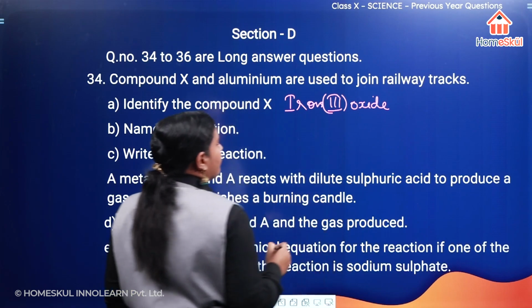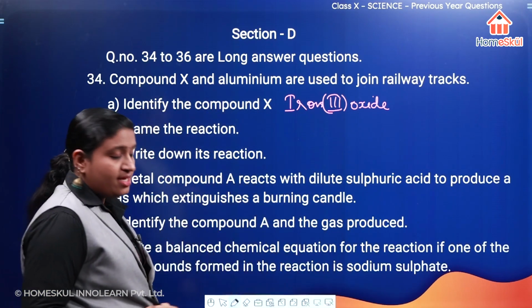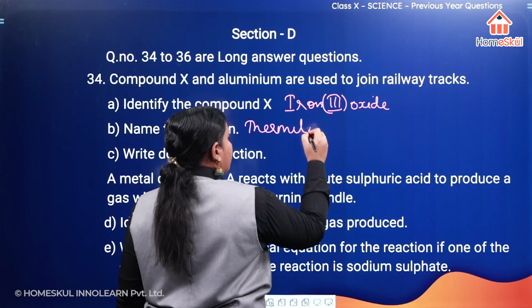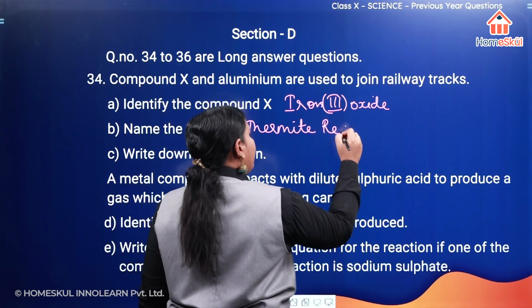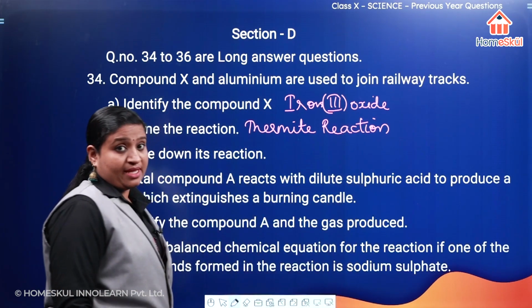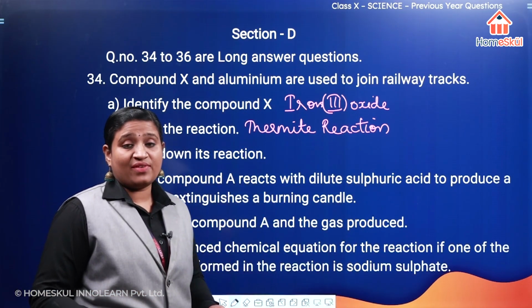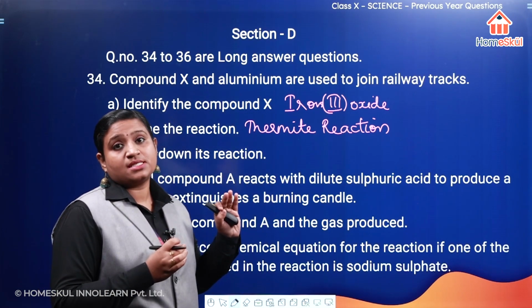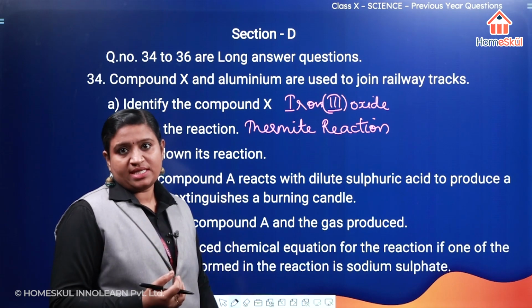And what is the name of the reaction? Yes, it is thermite reaction. We know this reaction is highly exothermic. A large amount of heat is given out. So, the metal formed is seen in the molten state.